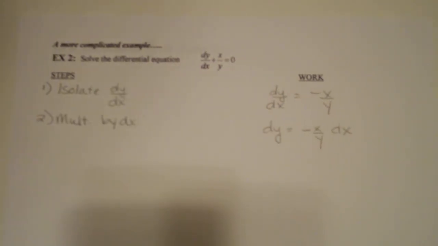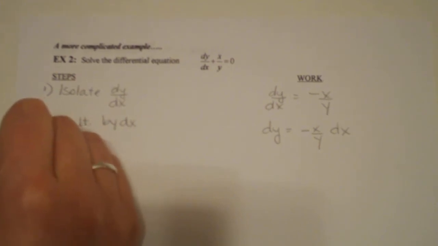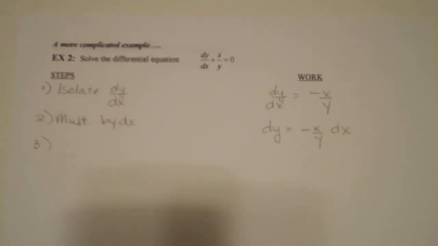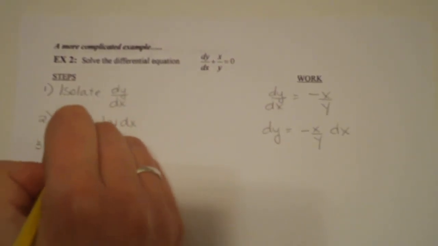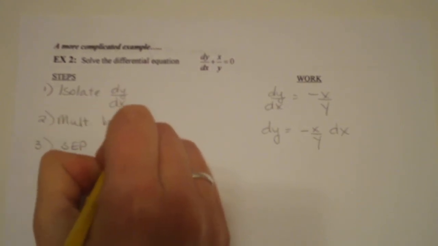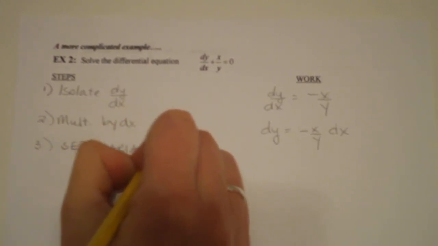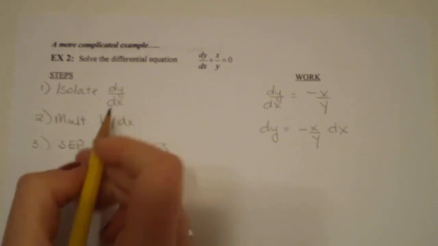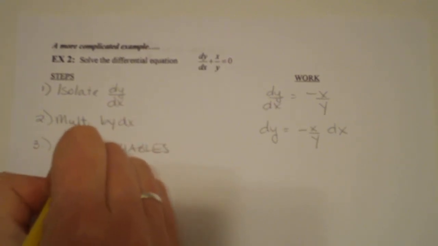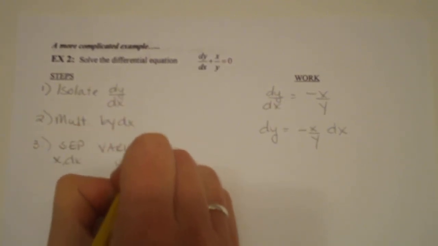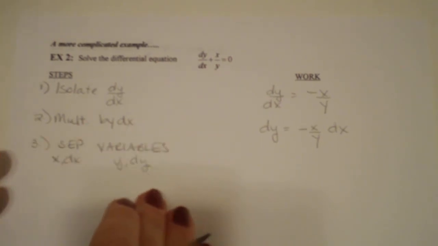Okay. So now the next thing that I want to do is separate the variables. What that means is I want to get my x's and my dx's together, my y's and my dy's together. I want them separated.